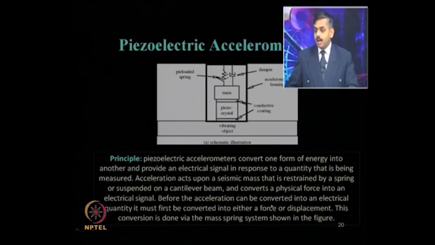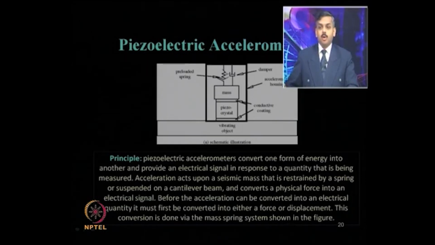Before the acceleration can be converted into an electrical quantity, it must first be converted into either a force or a displacement. That is the basic fundamental, as we have already discussed, that either you convert it to a force, you can estimate the force, or you can convert it to displacement. Once you do that, then you can find out the acceleration, and that acceleration can be converted through this piezoelectric signal. And this conversion is done via this mass spring system shown in the previous figure, as we have already discussed.